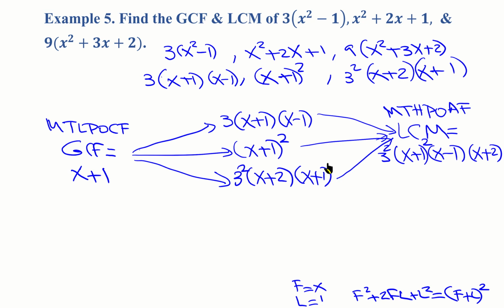And for x plus 2, notice there's only 1, and the exponent is 1, so that's all we need. All right, so finally, we'll just clean it up. So we'll write it as 9 times x plus 1 squared times x minus 1 times x plus 2. So there we have the LCM on the right here. And here we have the GCF on the left.